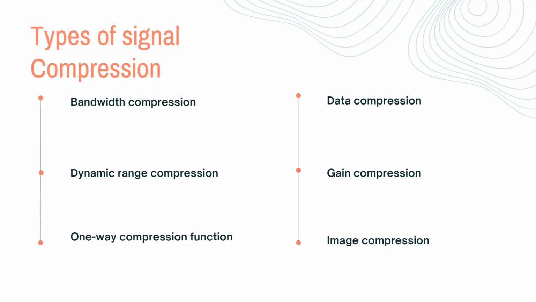Fifth is the one-way compression function. One-way compression function is a function that transforms two fixed length inputs into a fixed length output. Sixth is the image compression. Image compression addresses the problem of reducing the amount of data required to represent a digital image. Here, in this video, we will look in detail about the techniques and its implementation.